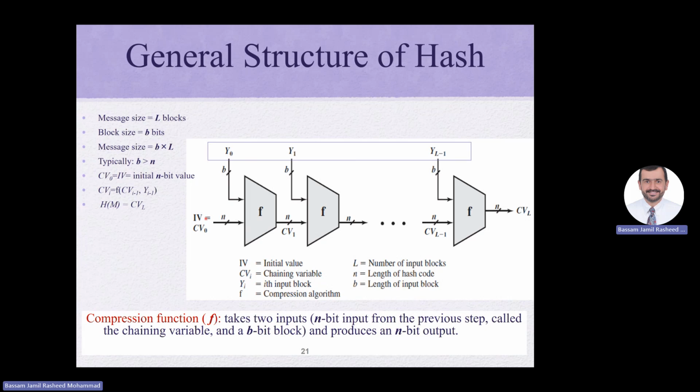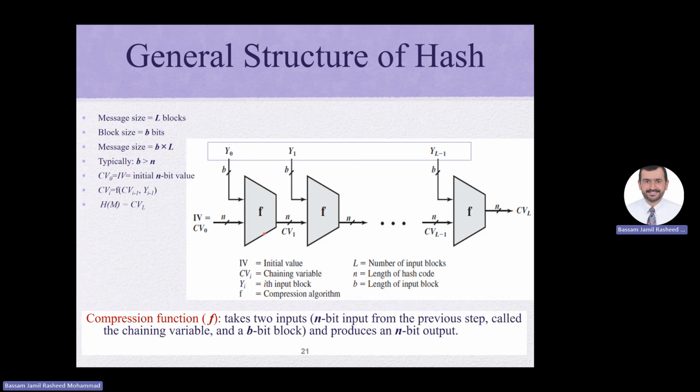Then this block goes to this hash function, which receives two inputs: one block from the message with b bits, and, in the first stage, an initialization vector with n bits, typically n less than b. So if b is 1024, n can be, for example, 512 bits.